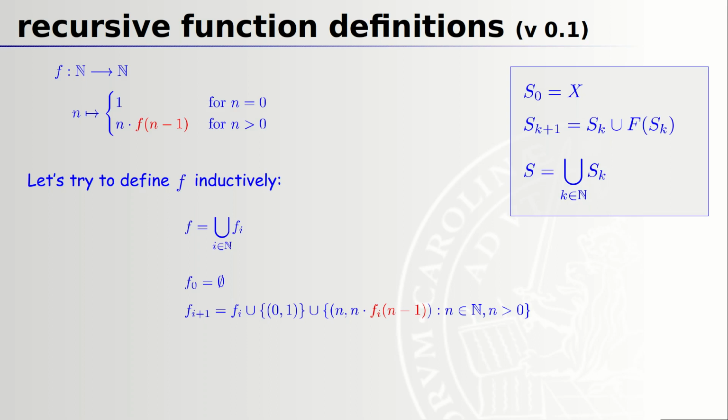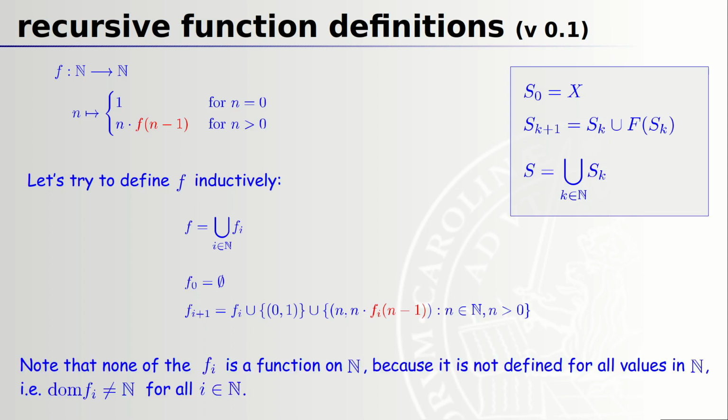And then we put all these fi together into one big union. The problem with this construction is that none of the fi are actually functions on the natural numbers, because they aren't defined for all natural numbers. So applying fi to any n in the natural numbers and expecting a value back like we do here isn't going to work.